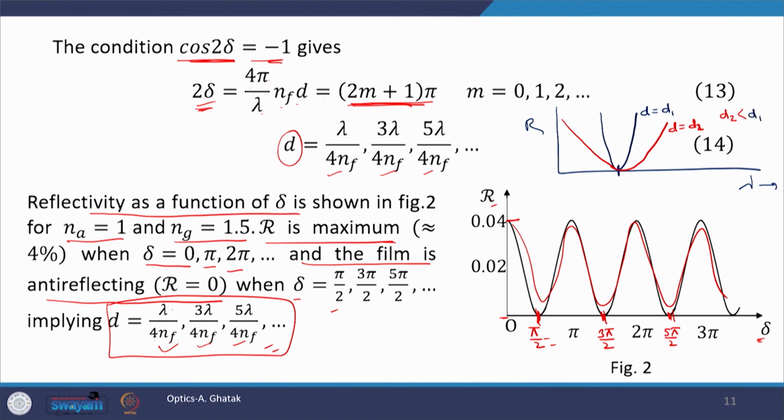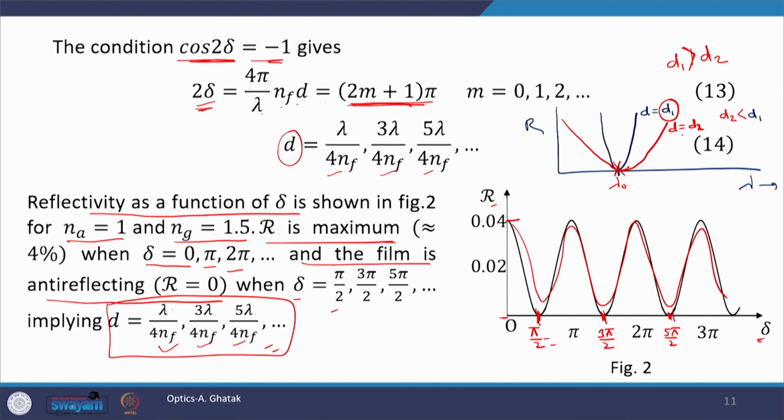In this figure what you see is that for a thicker thin film, the minima is very sharp. D1 is larger than D2, and therefore, for a thicker anti-reflecting coating, the minima is very sharp, and as soon as you deviate from this value of lambda, say lambda naught, the reflectivity rises very quickly.